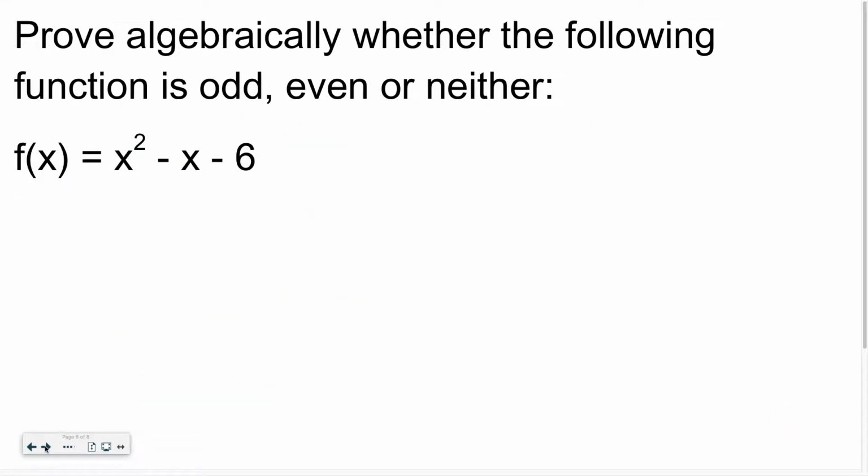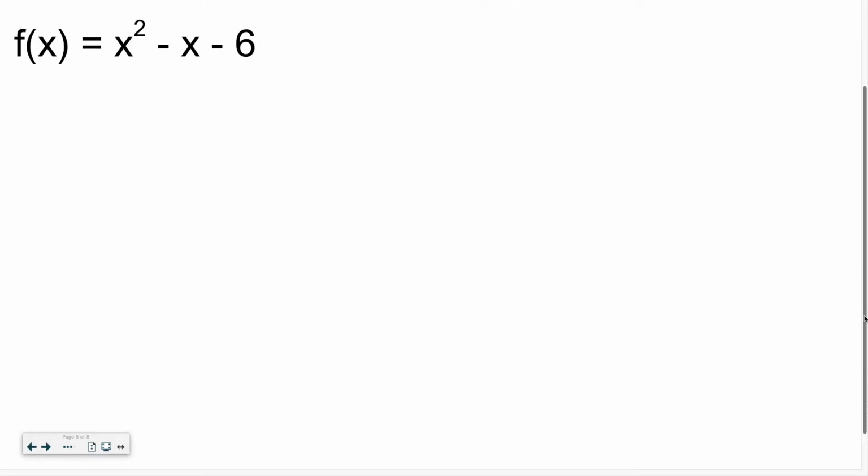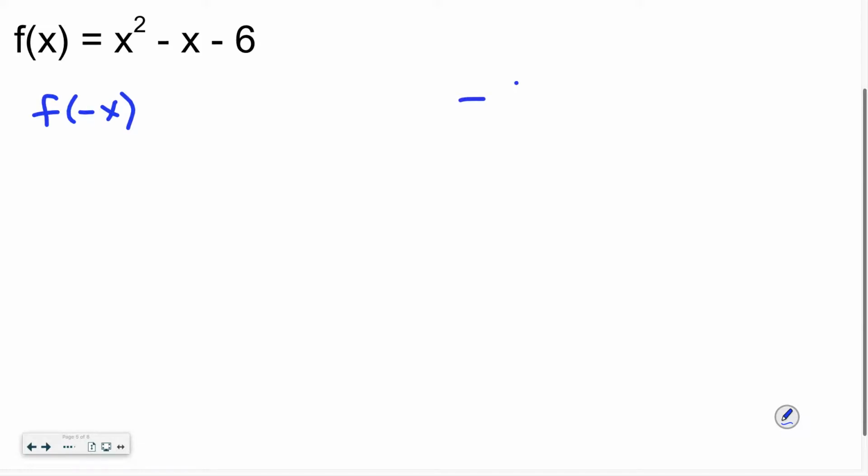Let's try it with x squared minus x minus 6. Now, in our last example, some of you knew it was going to be even, but we still need to go through the algebra when I ask you to prove it algebraically.